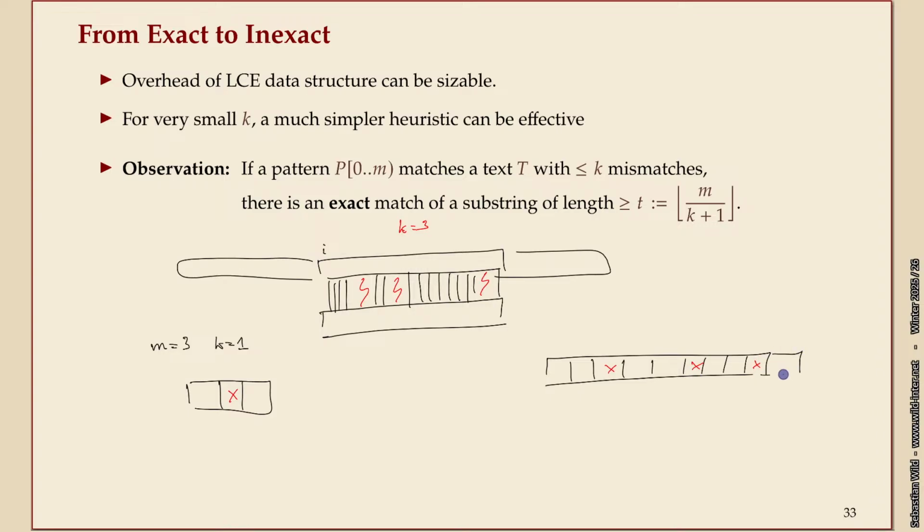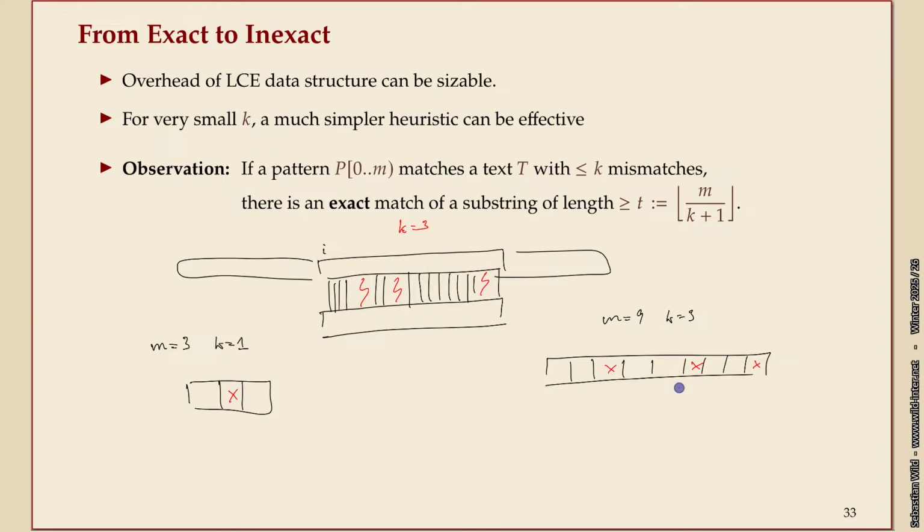I could probably, for the worst case, append more things, but maybe we don't. Then let's count: 3, 6, 9. And k is 3. Now the bound says I'm supposed to have at least 9 divided by 4, rounded down, which is just 2. And indeed, I have 2 characters that are matching.